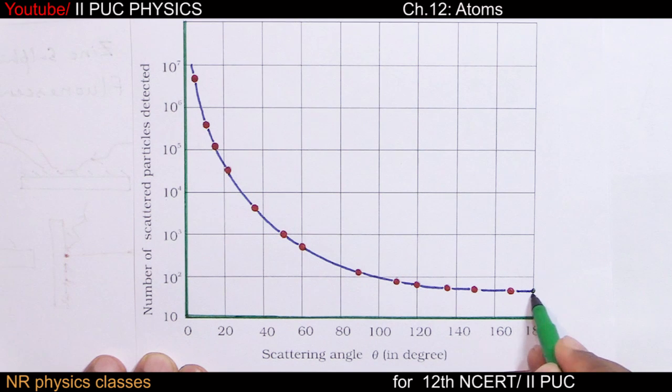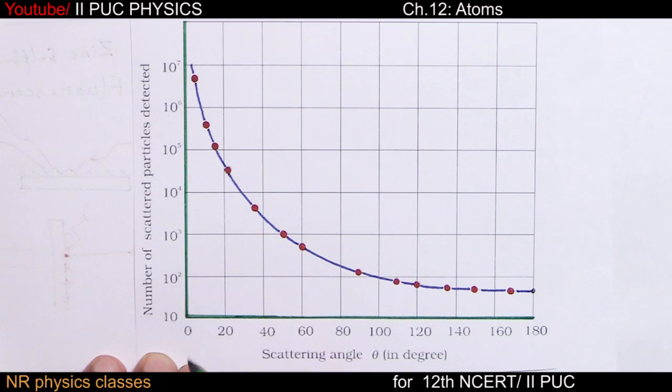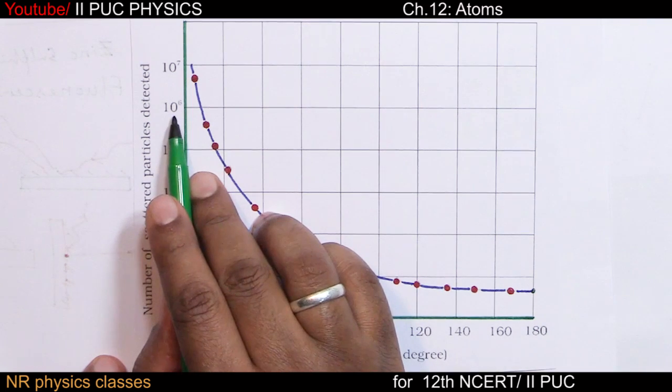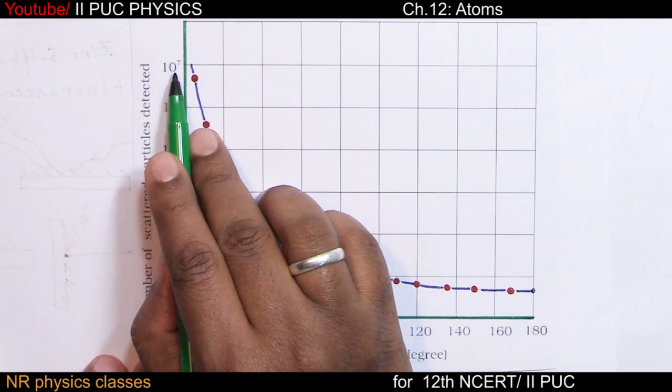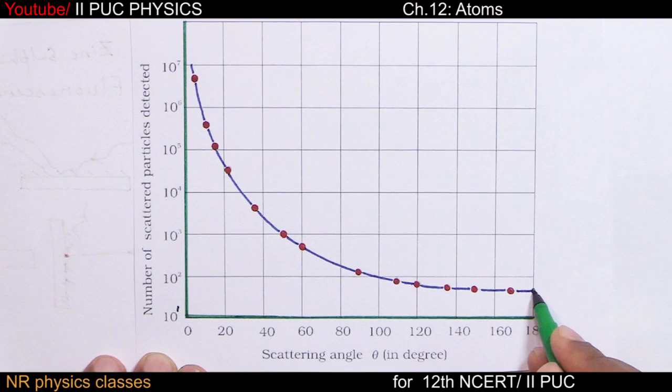This number is very small compared to 10 power 7. Observe, this number corresponds to somewhere between 10 and 10 power 2, that is 10 to 100, a small number, whereas this is 10 million, which is a crore. So compared to a crore, this number is very small.